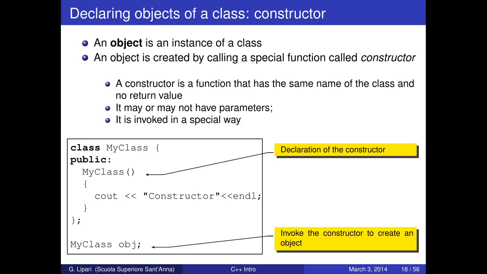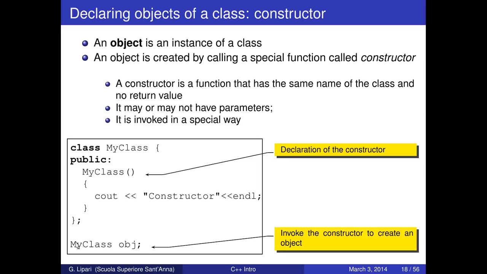So an object takes space in memory. And an object is created by calling a special function inside the class, which is called a constructor. So a constructor is a function that has the same name as the class and has no return value. It may or may not have parameters. It is invoked in a very special way. You never really invoke this function directly. Okay?